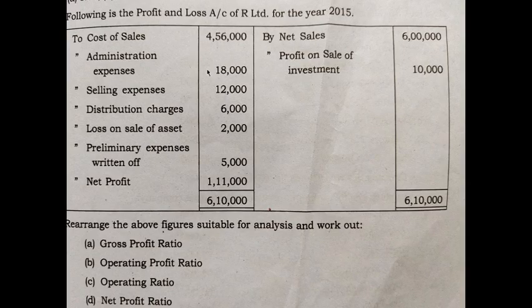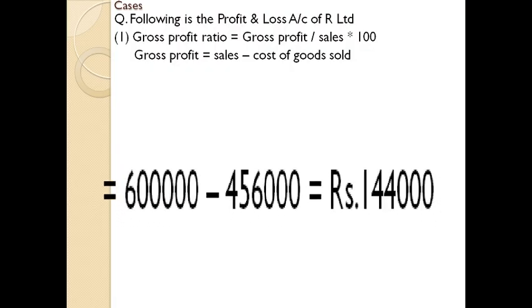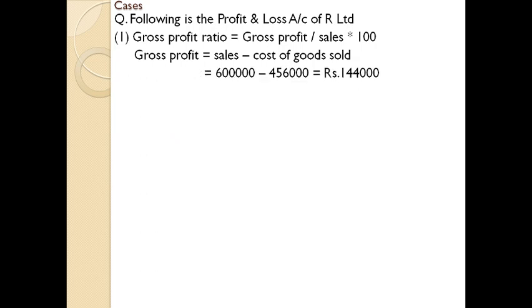Because in that question there is no information regarding gross profit, even though it is a profit and loss account, no details regarding the trading part are given. So that's why we use the equation of sales minus cost of goods sold. So you will get 6 lakh minus 4,56,000, which is 1,44,000.